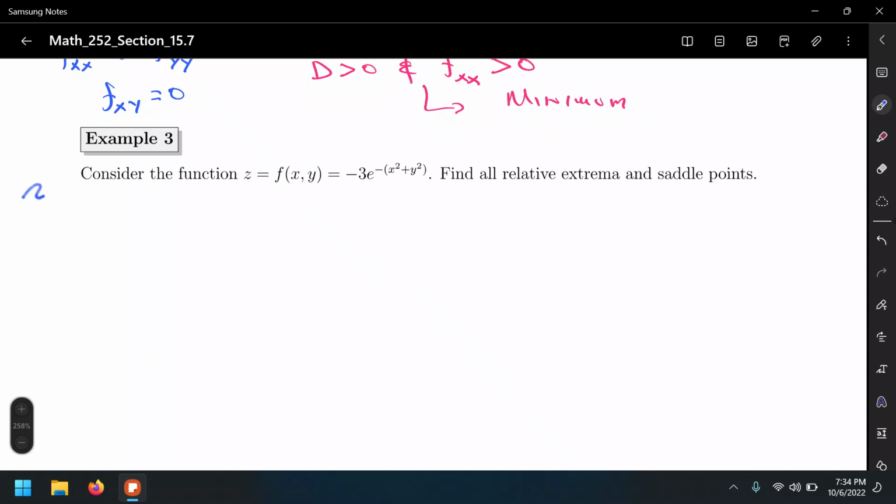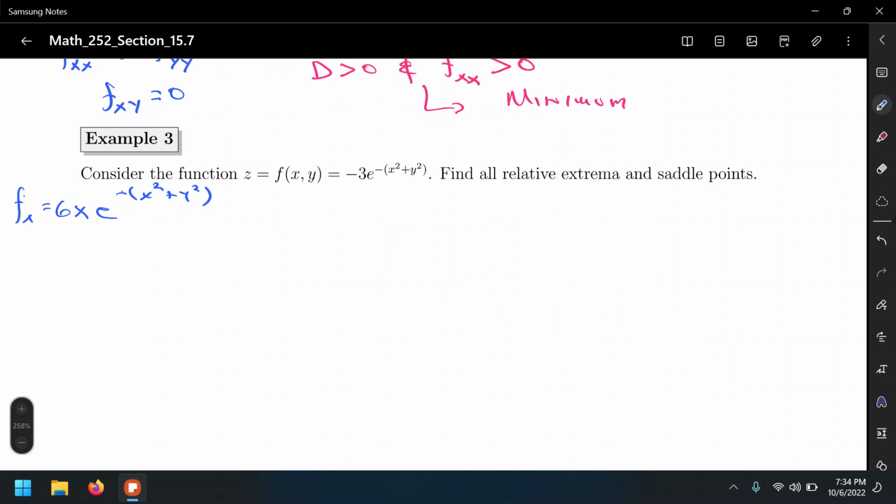So let's see. Fx, the partial with respect to x, will be, well, negative 3 times itself, the exponential e to the negative (x squared plus y squared), and by chain rule we need to multiply by the derivative of negative x squared, which is negative 2x. But that negative 2x multiplied with negative 3, isn't that going to give us a 6x? All right.